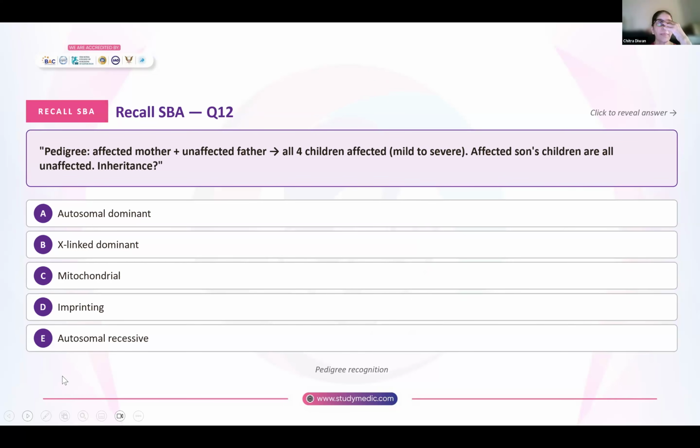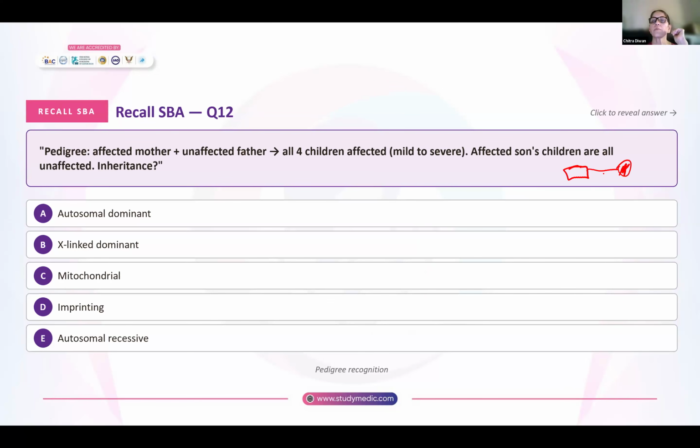So you have another pedigree. The mother is affected. Father is unaffected. So affected mother, normal father. All 4 children are affected.